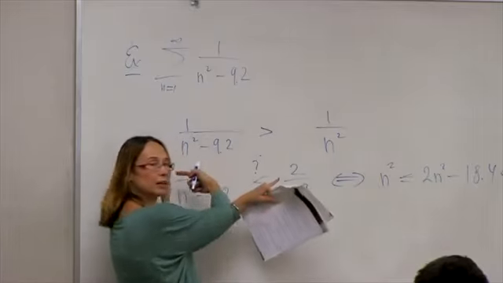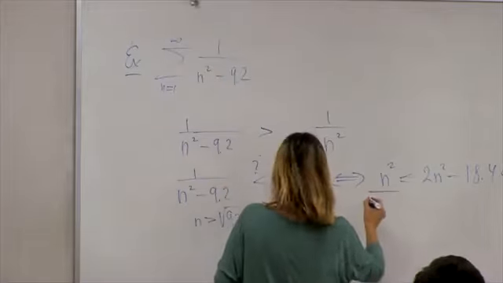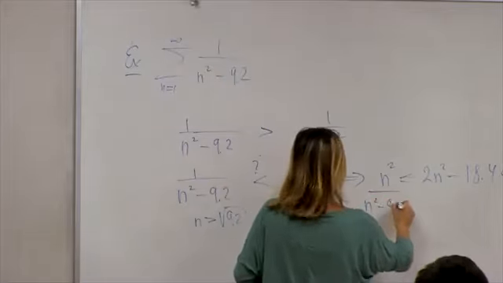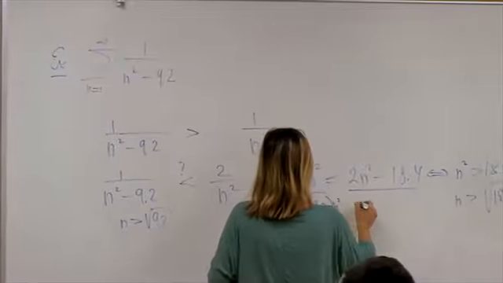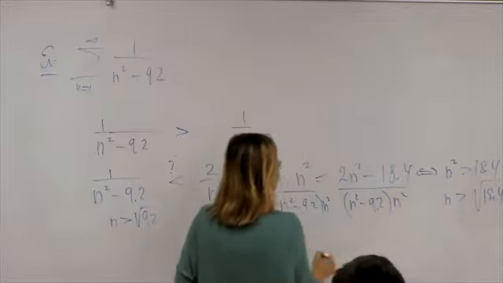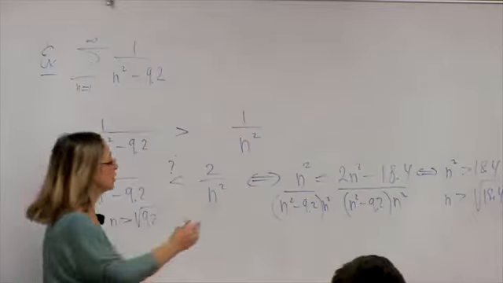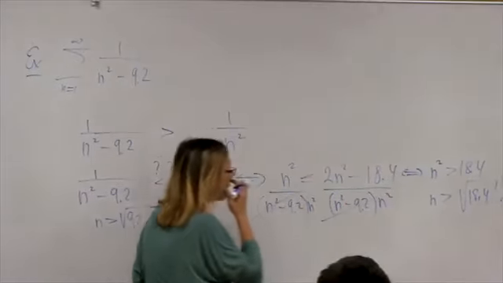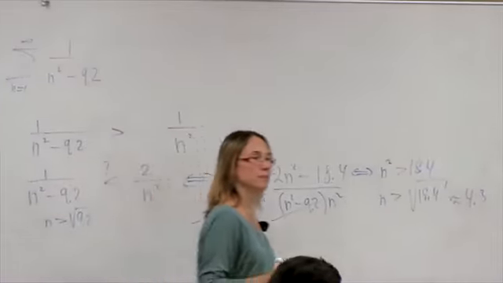This is positive, so I can multiply across. This is a result of bringing it to a common denominator. Then I can cancel the denominator, and the rest follows. More questions?